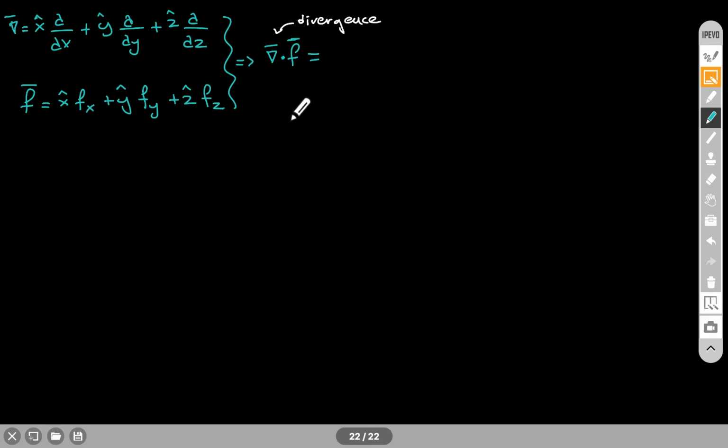Now, I know a little bit of background. X hat dot x hat, because those are unit vectors, I will get 1. But if I take the dot product with x hat and y hat, because those are perpendicular to each other, I get a 0, and similarly x hat dot z hat, I will also get a 0. So the only term that survives when I find the dot product, the x hat dot x hat should give me 1, and what I get from the x components is this.